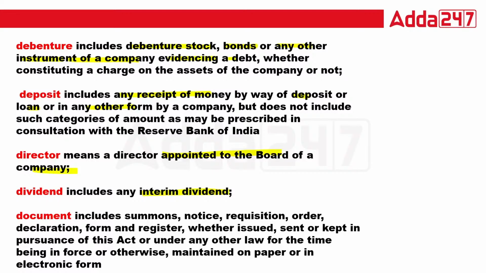Okay. What is document? Document includes summons, notice, requisition, order, declaration, form and register, whether issued, sent or kept in pursuance of this Act or under any law for the time being in force. That is called document. So out of this, the important thing is board of directors. That's it. Okay, the important thing is board of directors, class.